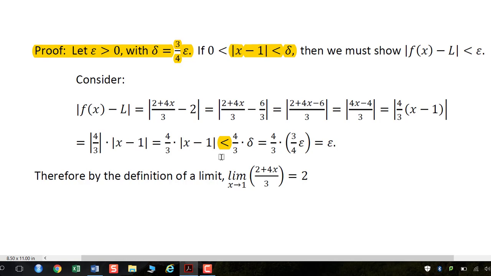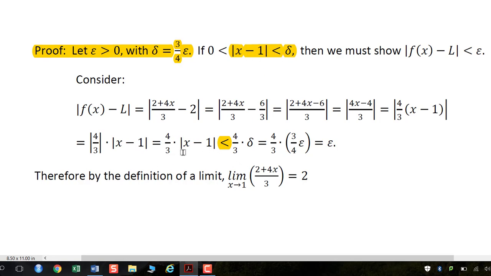Why is that true? Well, remember, we said that the absolute value of x minus 1 has to be less than delta. 4 over 3 times the absolute value of x minus 1 compared to 4 over 3 times delta: the 4 over 3 part is equal. The absolute value of x minus 1 is less than delta.